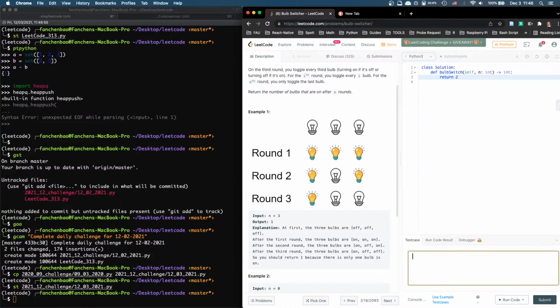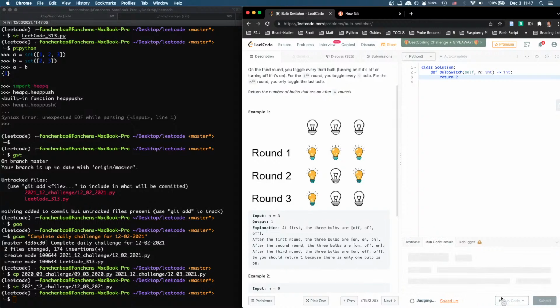So what's the value of 10 to the 9th? A giant value. 1, 2, 3, 4, 5, 6, 7. That's 8. Yeah, it's not that large. So the ones that will remain on are very limited.